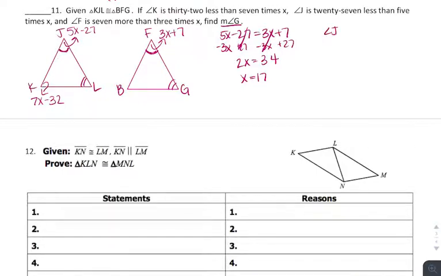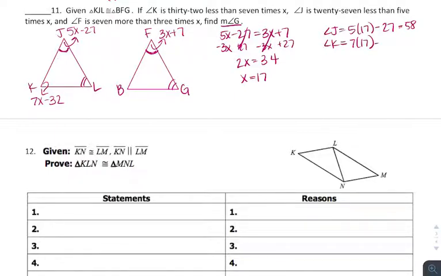So angle J is 5 times 17 minus 27, which comes out to be 58. And angle K is going to be 7 times 17.